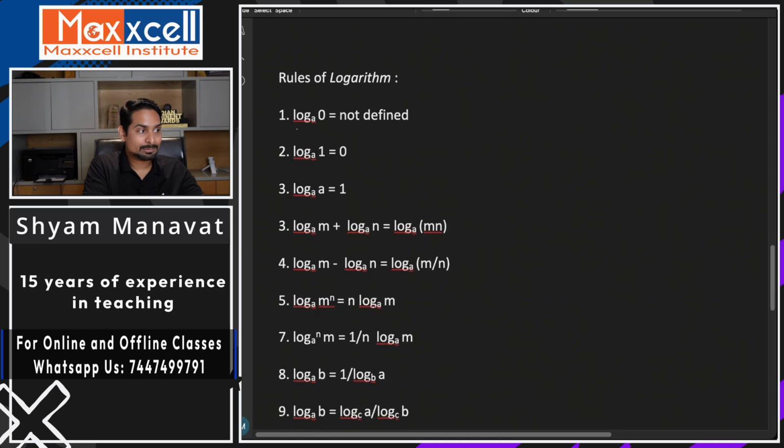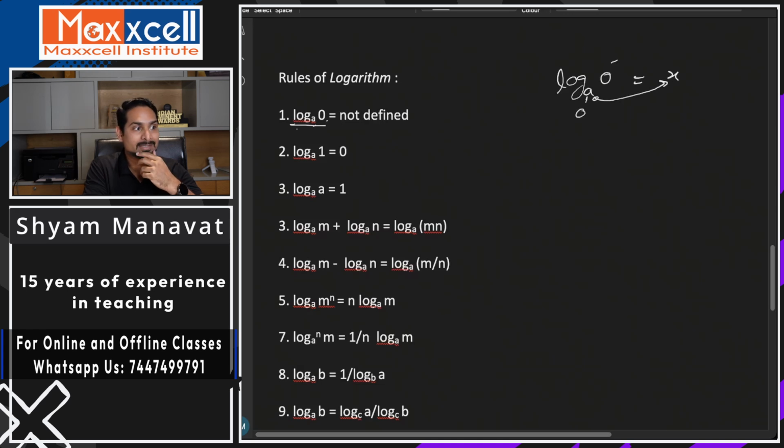Log of 0 base a, how do I read it? Log of 0 base a is not defined. If I say log of 0 base a equals a number which we need to find out, we need some outcome of this. Now, any number to the power of any other number can never get you 0.